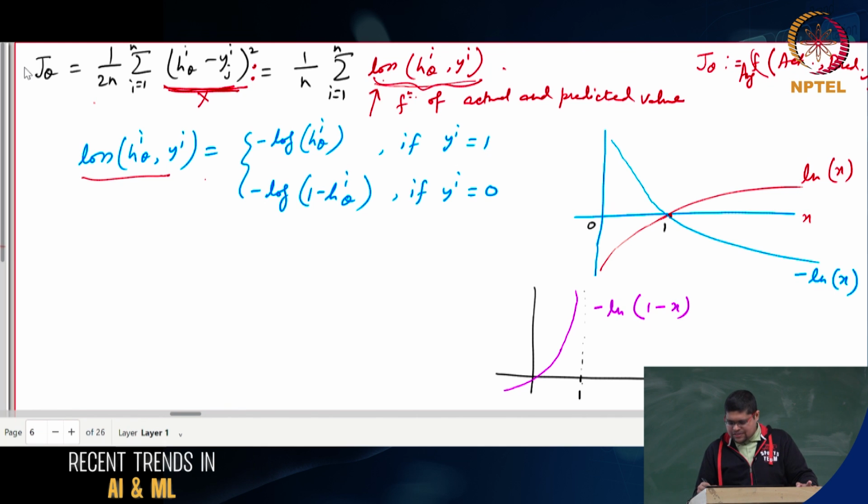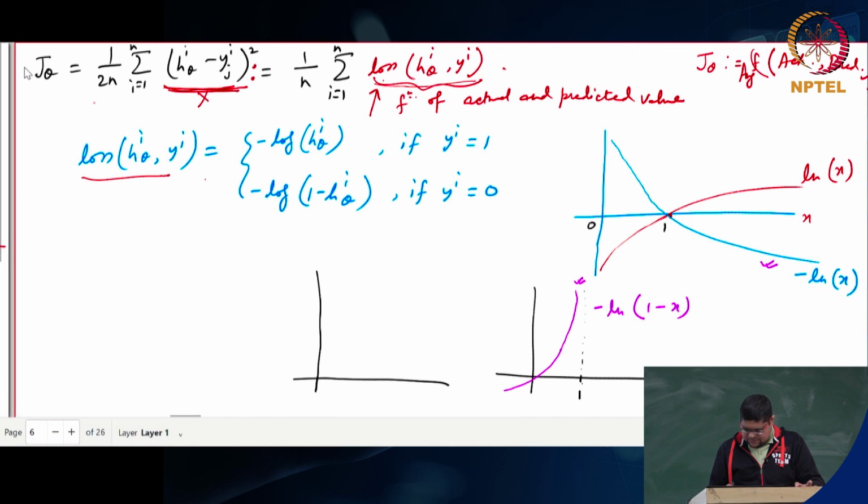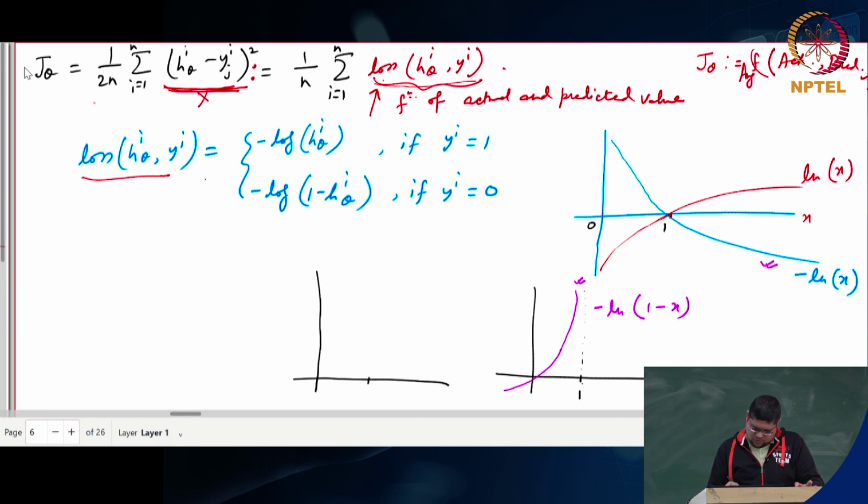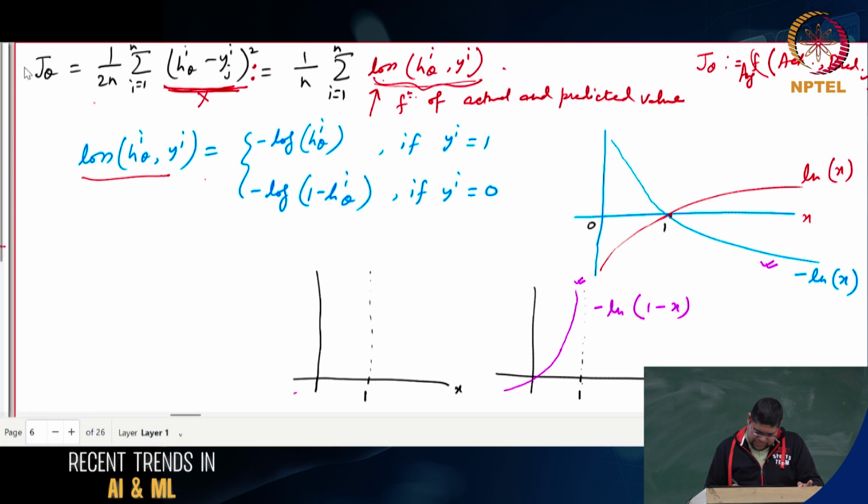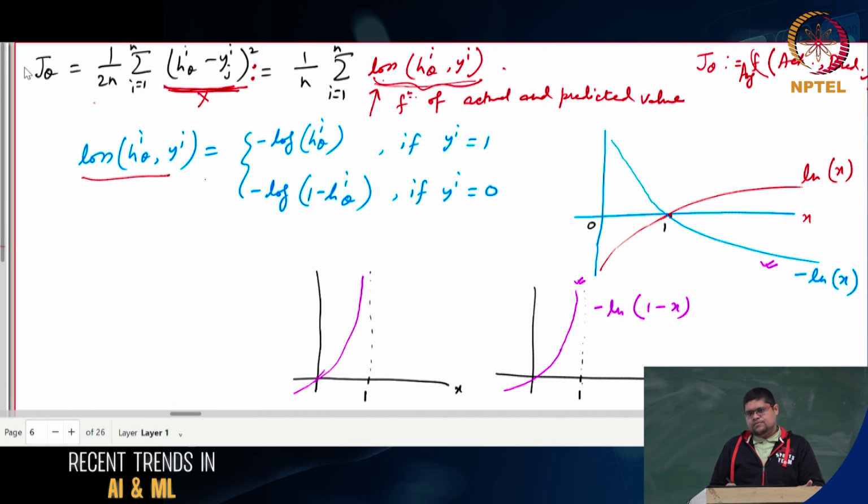So now focus on this one and this one. If I merge this thing, look carefully. This is my 1. So this line is my minus of ln of 1 minus x.